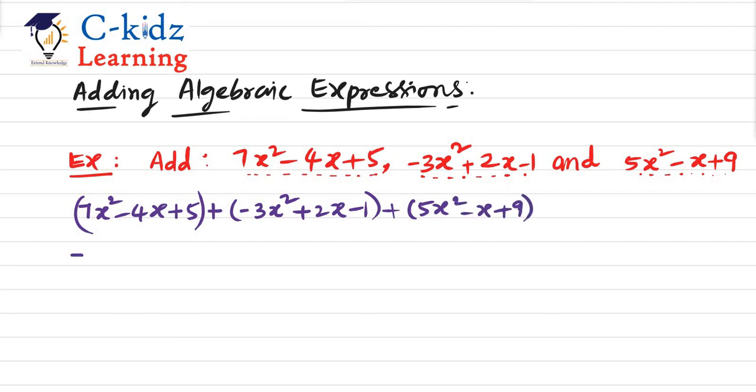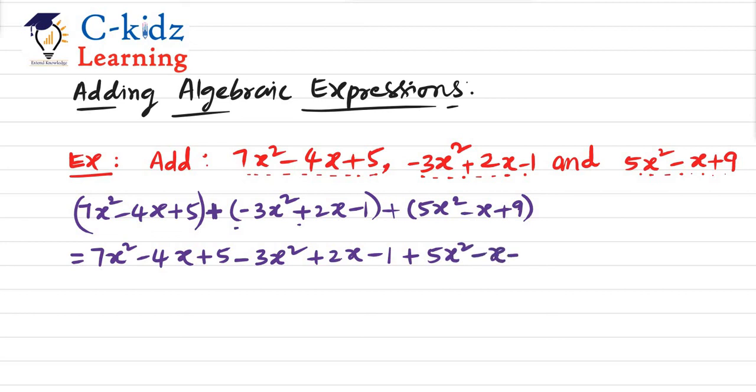So let's remove the brackets first. Since there is a positive sign before the parenthesis, we can simply replace with the signs of the terms in the second parenthesis. That is plus into minus is minus 3x square, plus into plus 2x, and then plus into minus, and the same thing happens here. So I have written all the terms here.